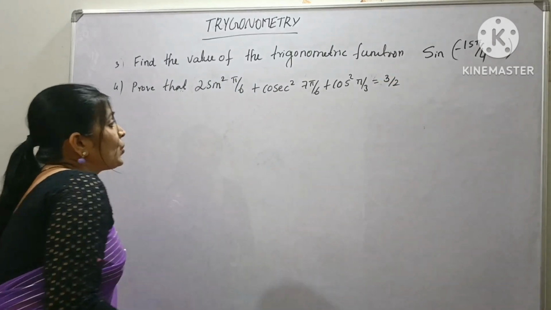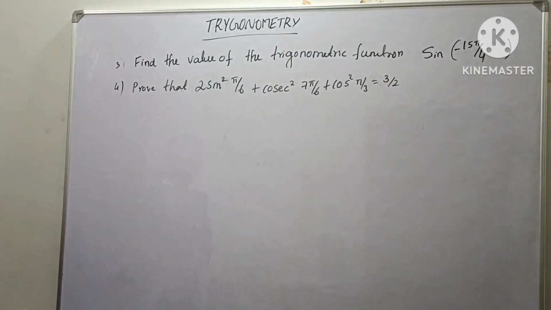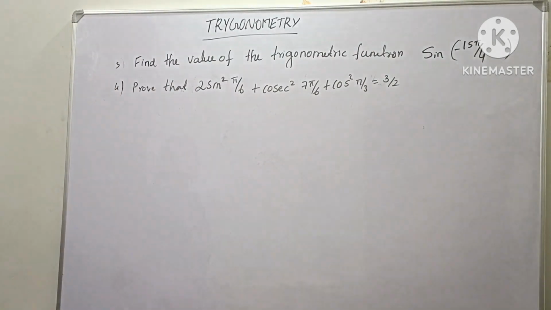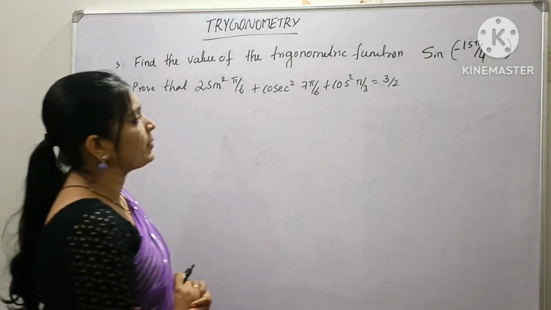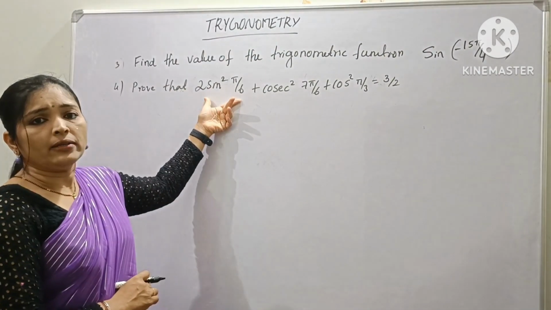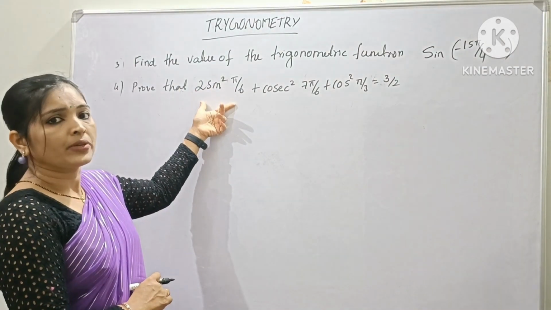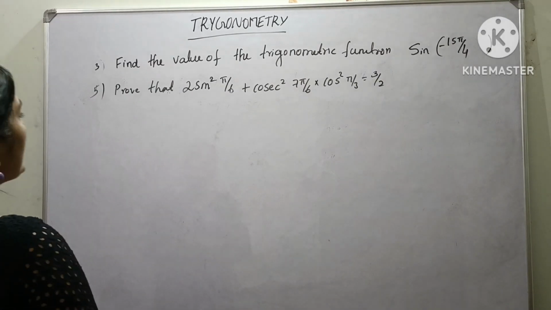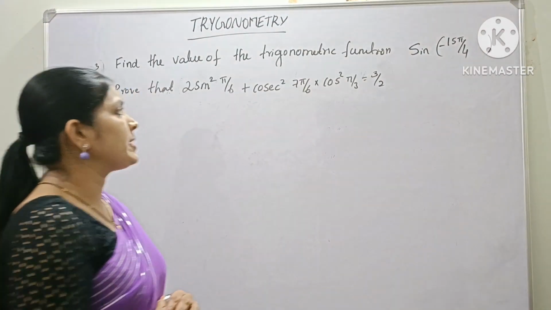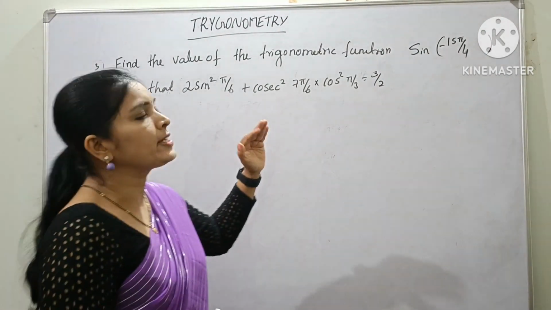So here we have to prove 2 sine square pi by 6 plus cosec square 7 pi by 6 plus cos square pi by 3 is equal to 3 by 2. See, here we can apply the formula, right?